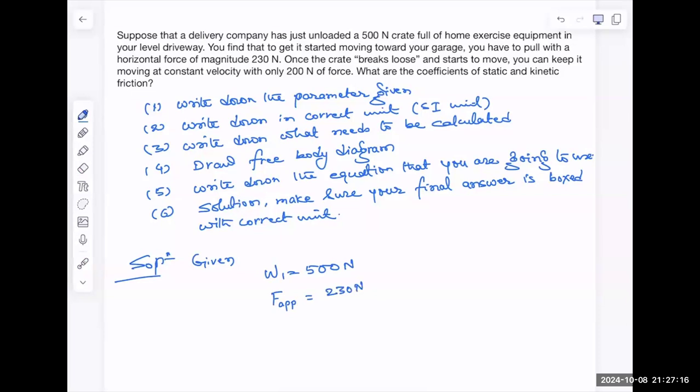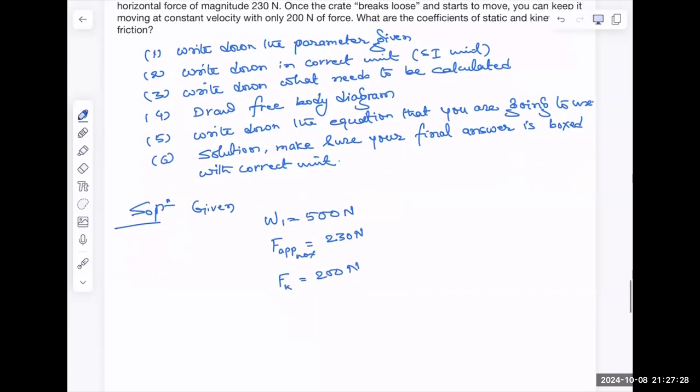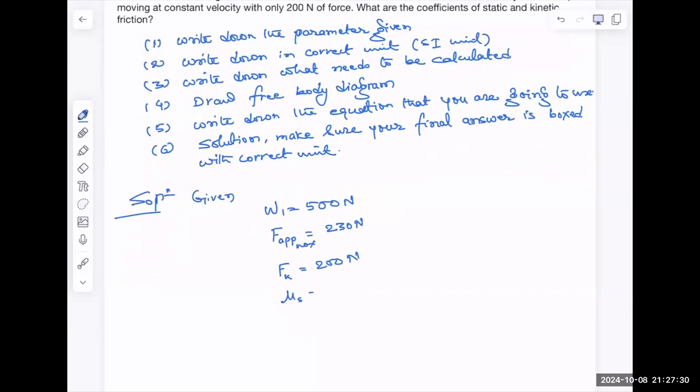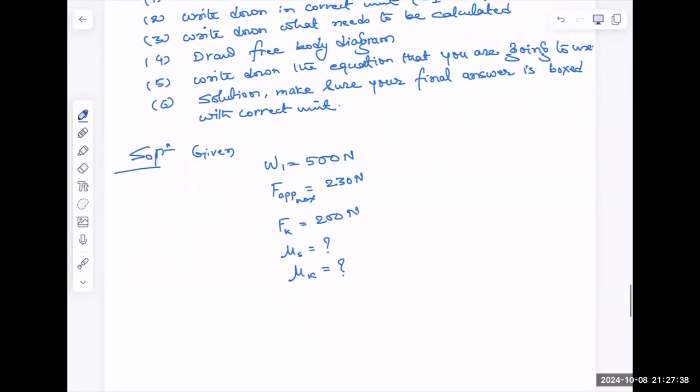This is the maximum. And once it moves, the kinetic friction force, Fk, is 200 Newton. Now it is asking what is mu s and what is mu k. Make sense?